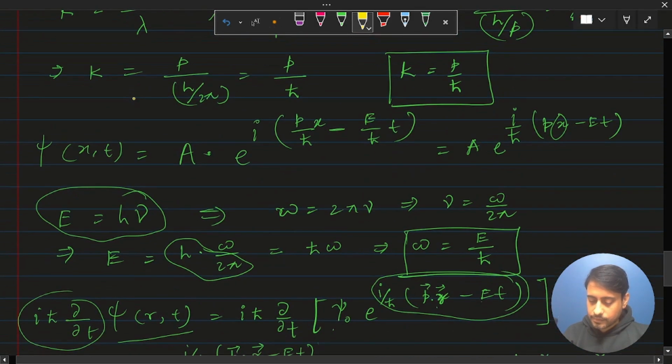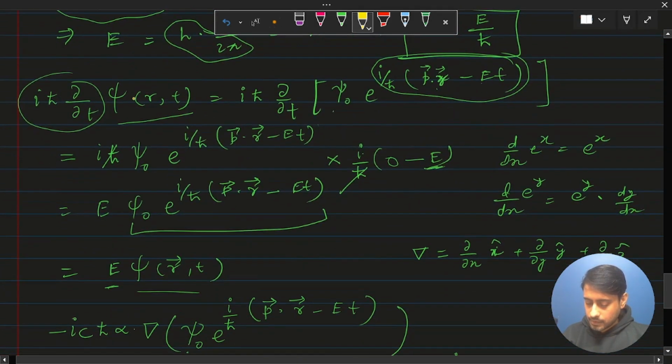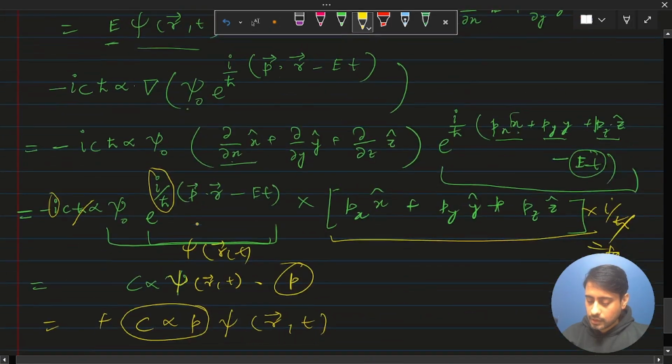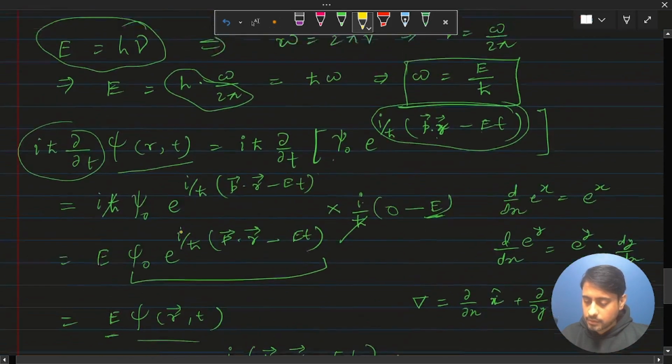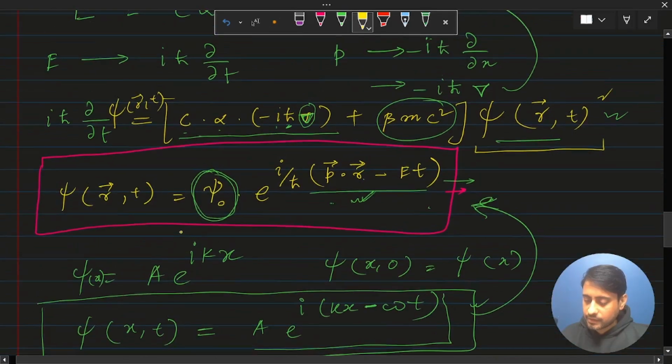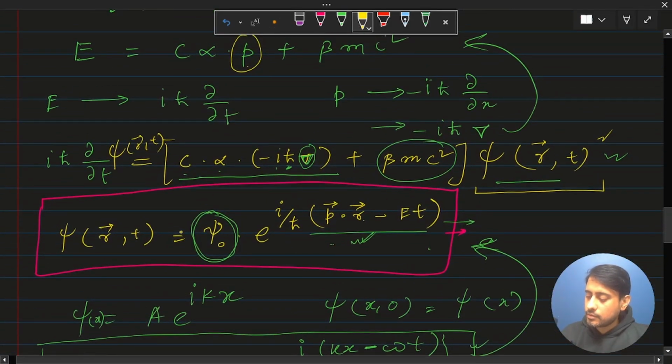So there we have calculated E into psi. On the left hand side you have E into psi of r comma t. And on the right hand side we acted this thing on this psi. You acted this term on psi.